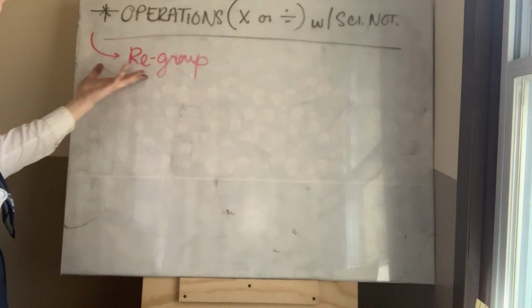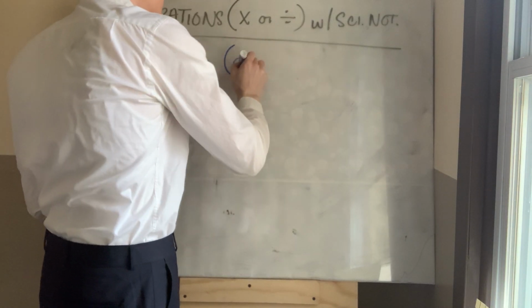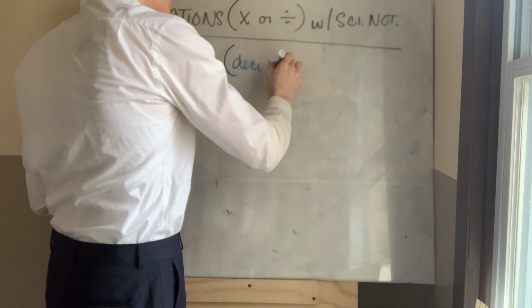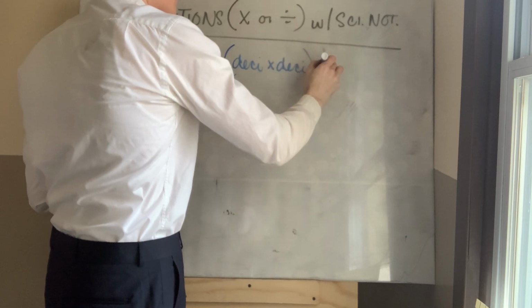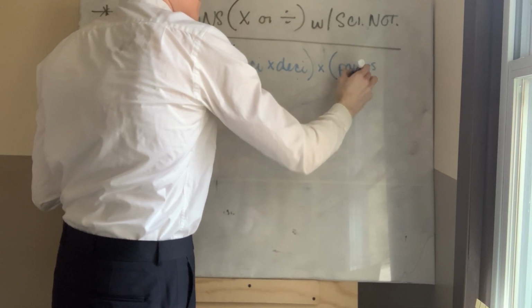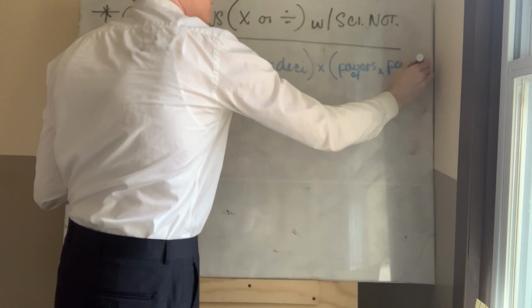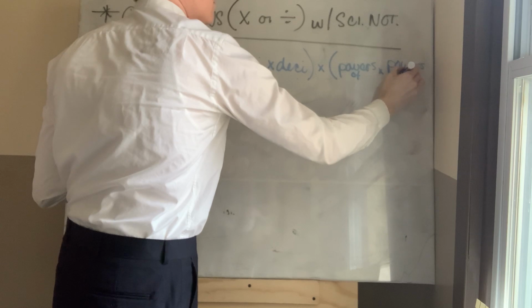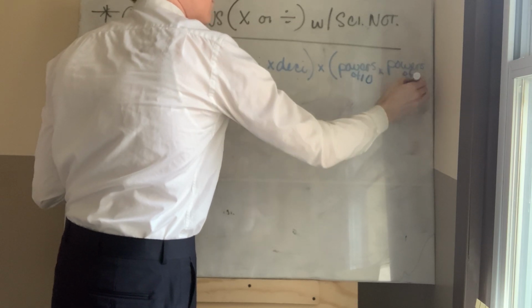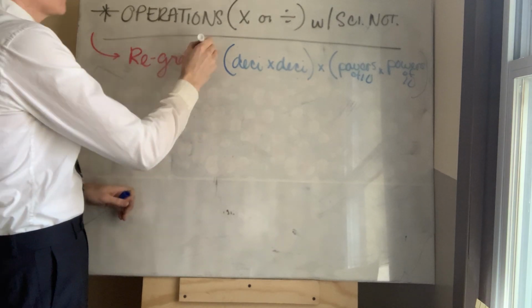And that's really what regrouping would be. You're going to group the decimals with the decimals, and you're going to group the powers of 10 with the powers of 10. Legally speaking, you could totally get away with that.